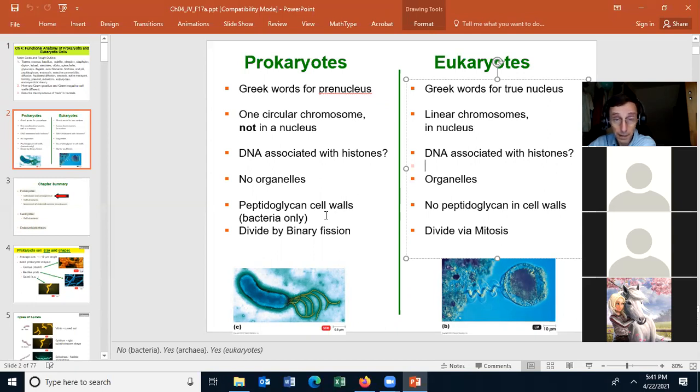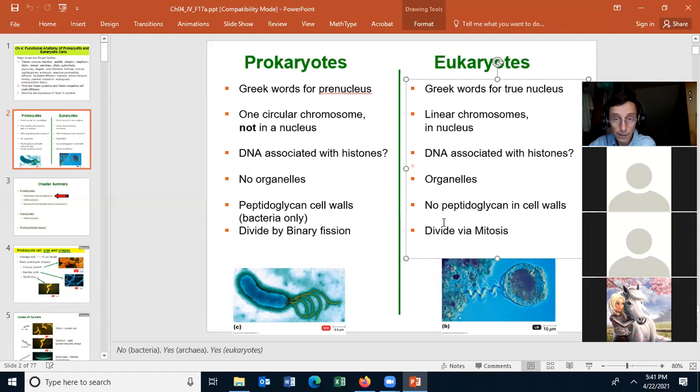Bacteria have peptidoglycan in their cell walls, and you probably should know that peptidoglycan is only found in bacteria. The archaebacteria do not have peptidoglycan, and the archaebacteria generally differ from the bacteria in regard to peptidoglycan.